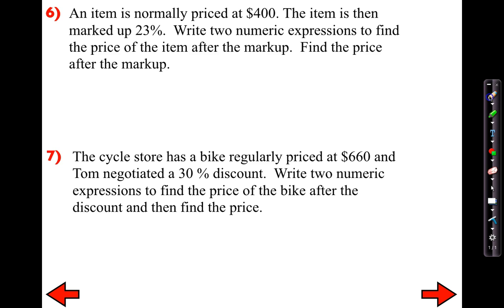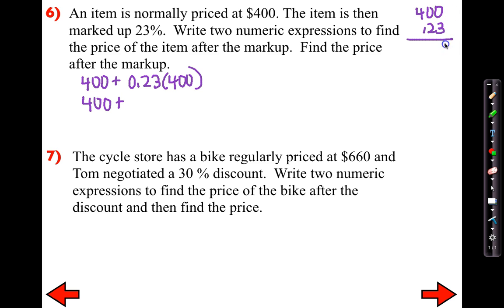So we have 2 options. One option would be to take the 400 and add 23% of $400. So you're going to get 400 plus 400 times 0.23.